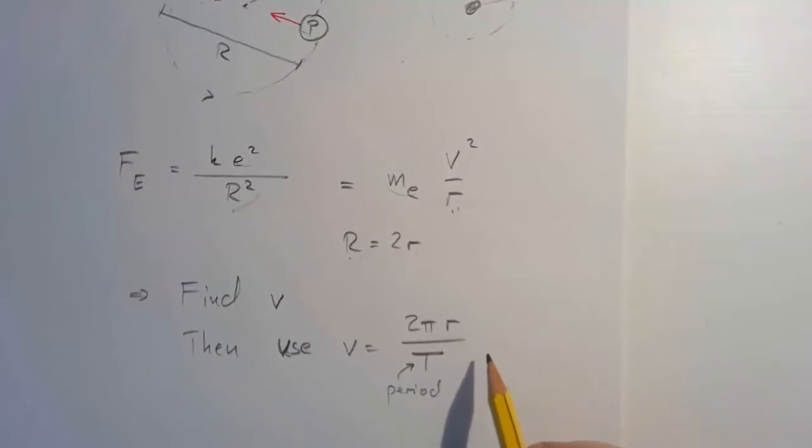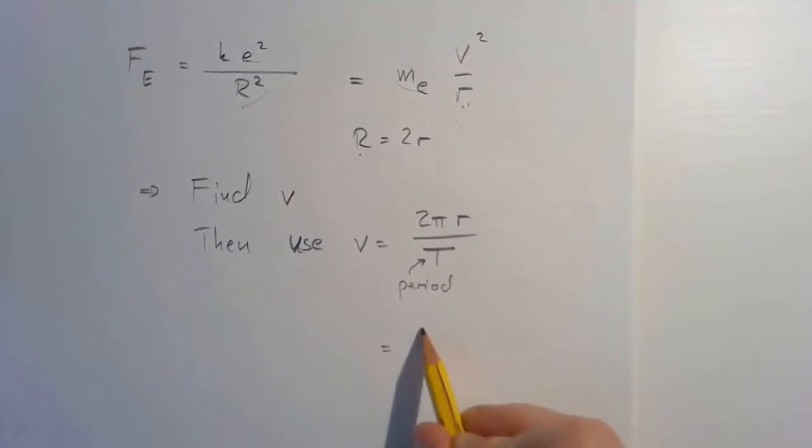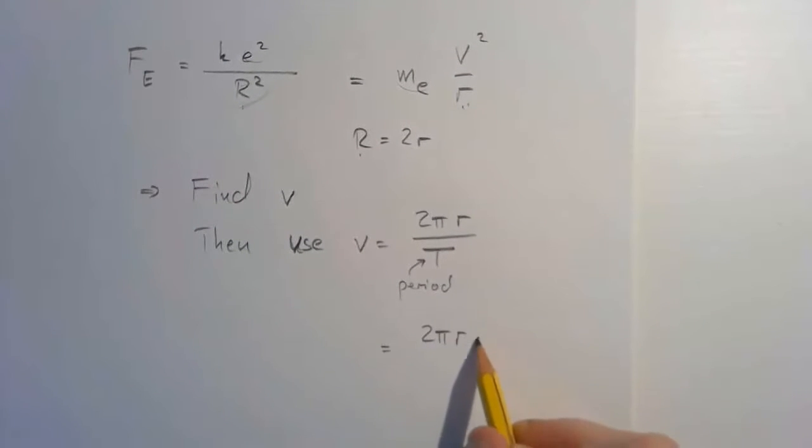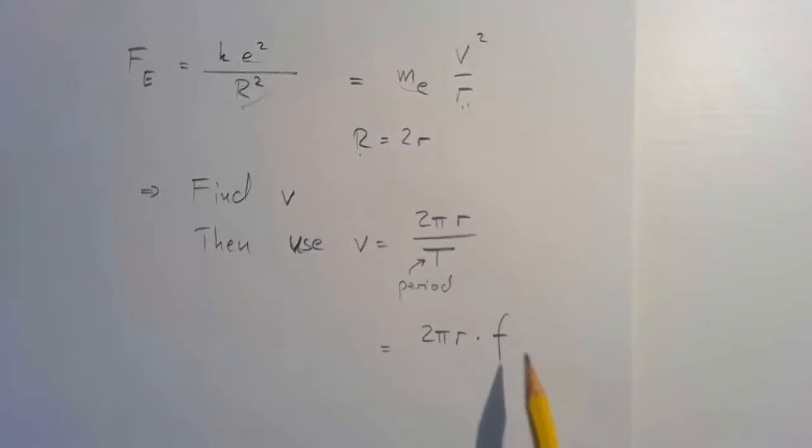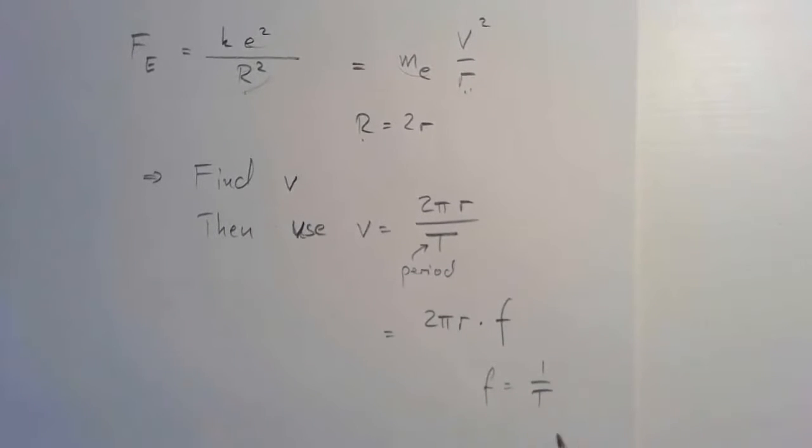And I can just rewrite that as 2 pi r times the frequency, because frequency is 1 over T, right? If it takes me half a second to go round, 1 over half is 2, it goes twice round per second. If it takes me 5 seconds to go round, so 1 over 5, my frequency would be 1/5 rotation per second, and so on. This is this relationship.